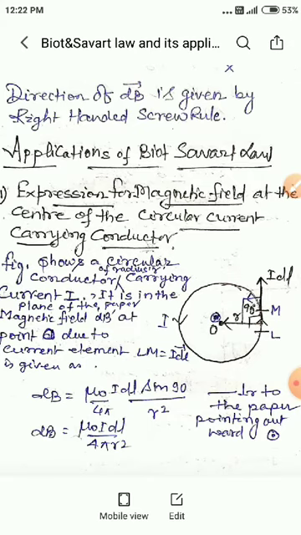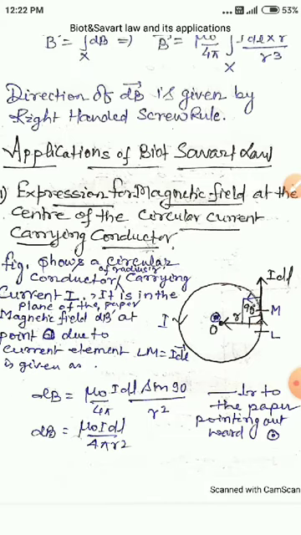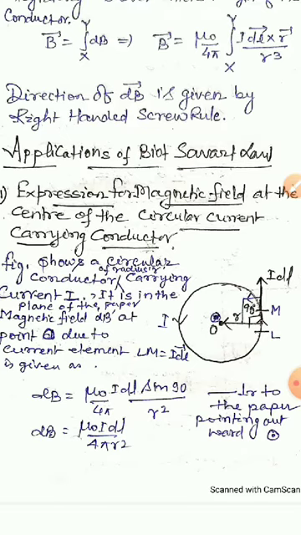So you can see LM is the elementary element and r is the position vector of the point where we have to find out the magnetic field. So the angle between the two vectors, that is current element and position vector, is 90 degrees.